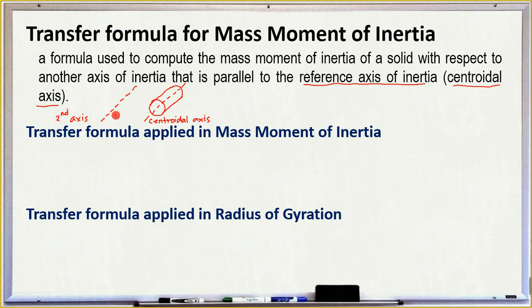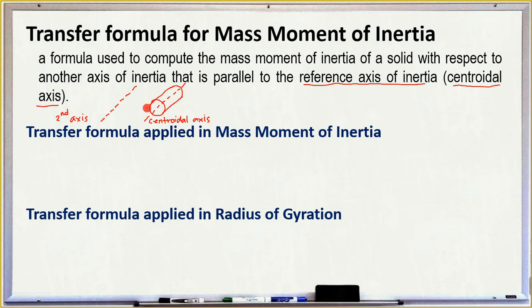So how are we going to determine the value of our mass moment of inertia for this cylinder with respect to this second axis? Okay, so now it is the time to use the transfer formula. So we're going to use this formula, but be mindful.